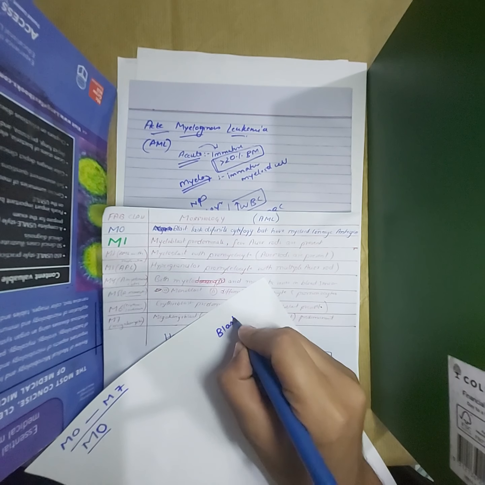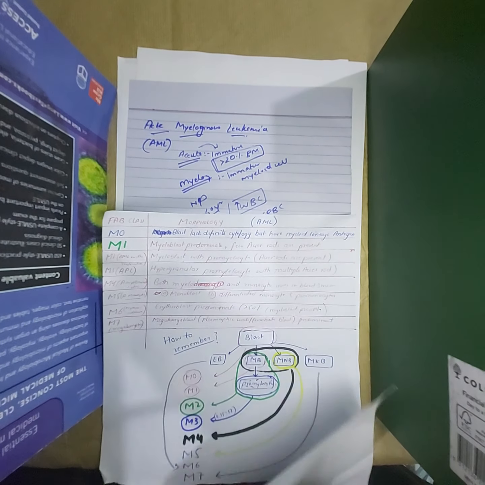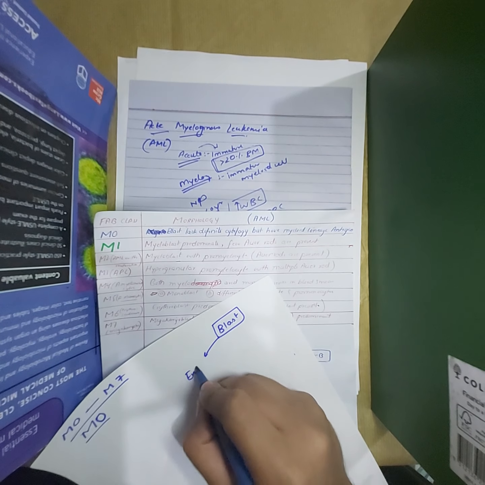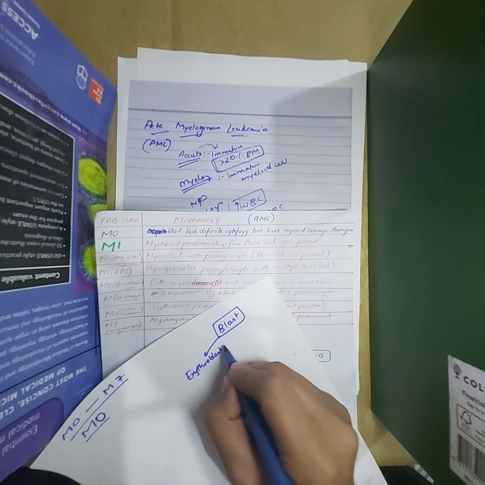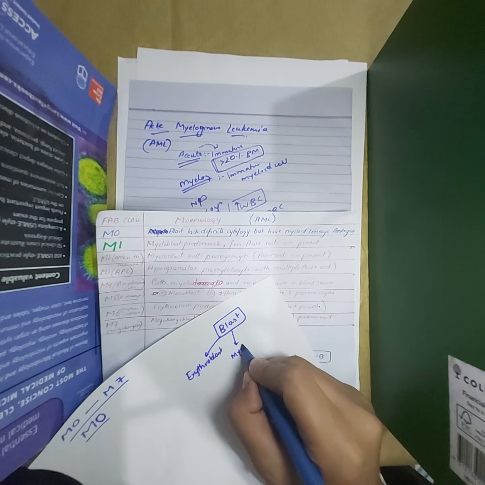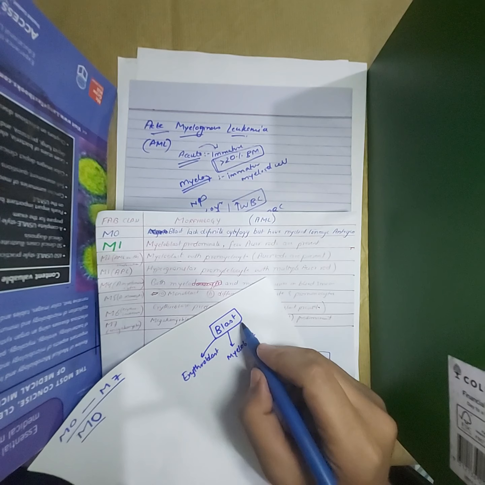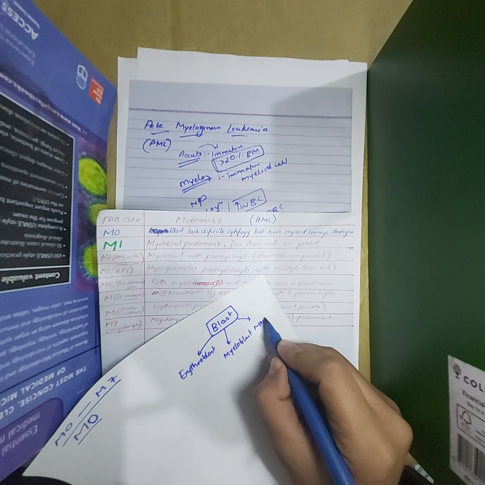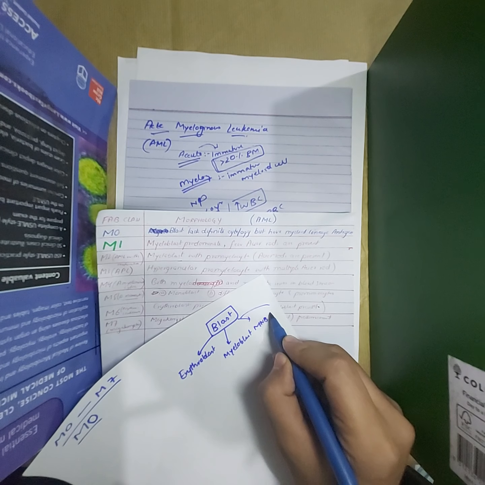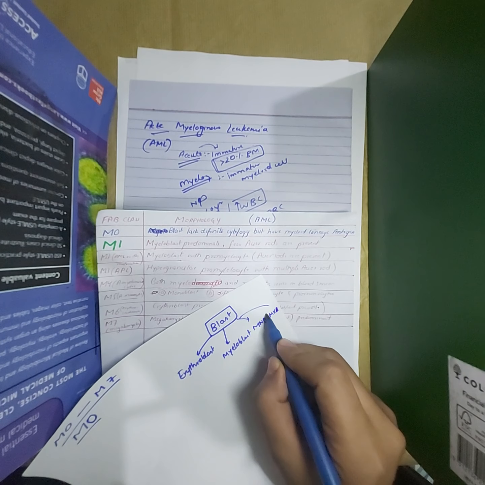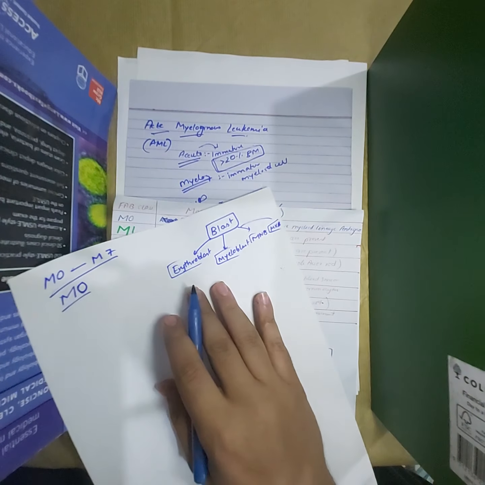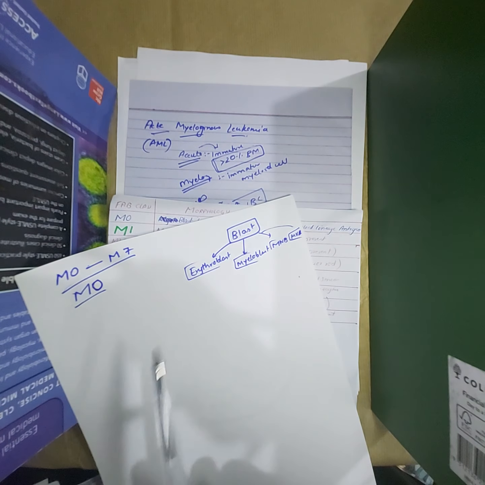The blast cells are further divided into erythroblasts, myeloblasts, monoblasts, and megakaryoblasts.